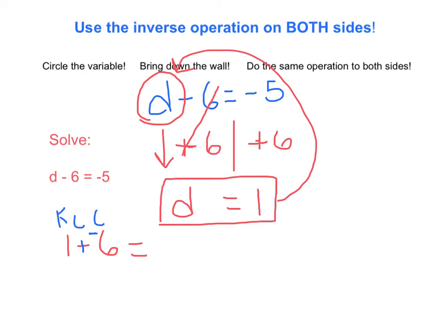And I have a 1 plus negative 6. Take the sign of the larger number, and then I'm going to subtract. 6 minus 1 gives me a negative 5. If this is the same as this one, then I have a true sentence.